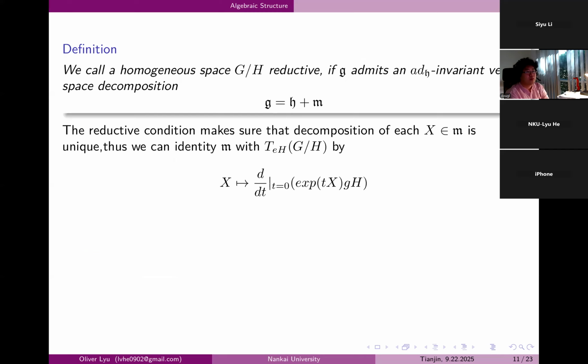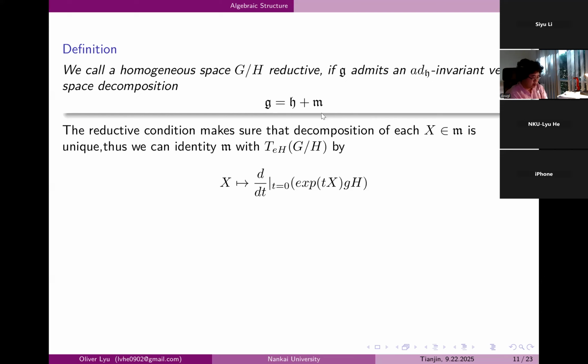We call the homogeneous space G mod H reductive if G admits an Ad(H) invariant vector space decomposition, and we can write the decomposition in this form. The reductive condition, which means the Ad(H) invariant condition, makes sure that the decomposition of each X in M is unique.